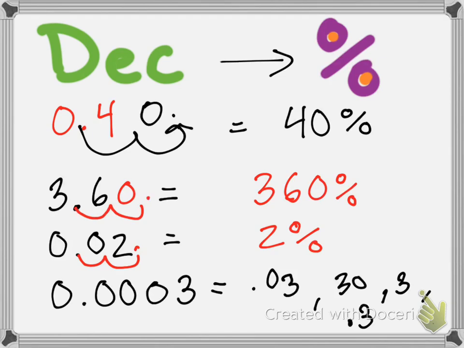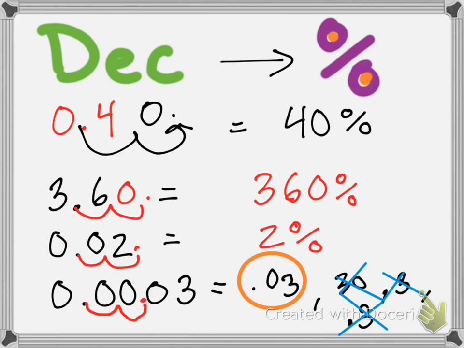I move my decimal over 1 time, 2 times. So which one is our answer? It can't be 30, it can't be 3, it can't be 0.3. Our answer is 0.03, or 3/100ths of a percent.